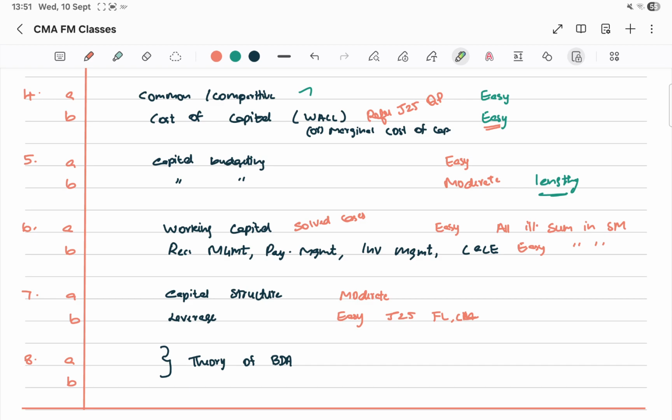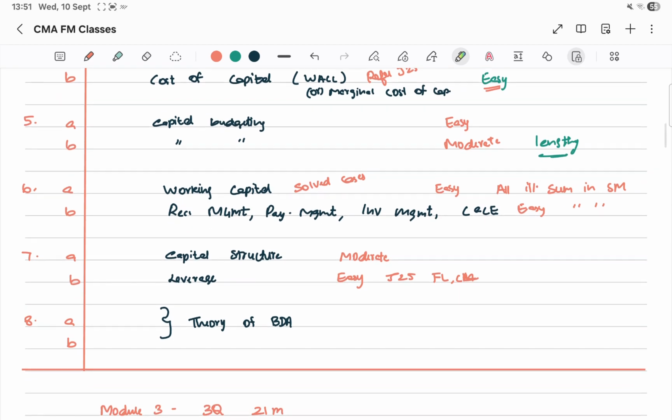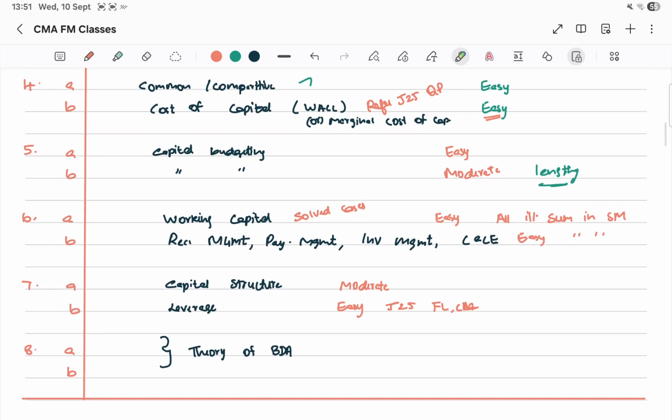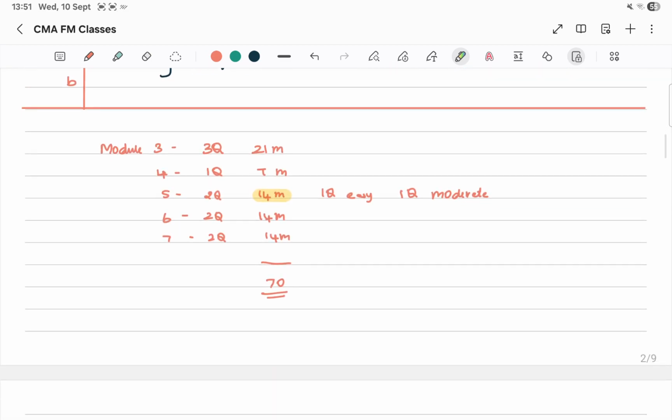But beyond that, I will tell you, just read these 5 chapters so that you can attend 70 marks. That is module number 3. If you attend 3 questions, 21 marks will be covered. And coming to module number 4, that is cost of capital, 1 question will be from that, that is for 7 marks.